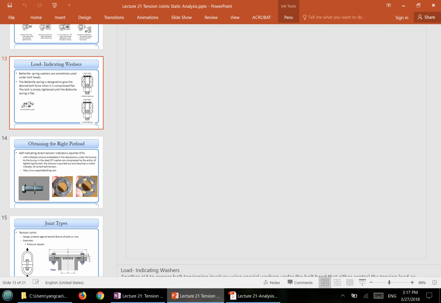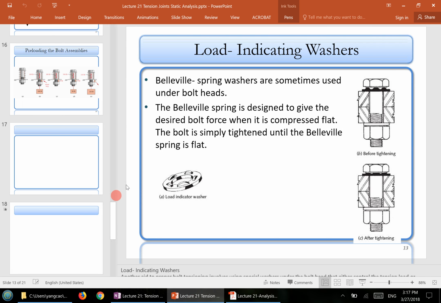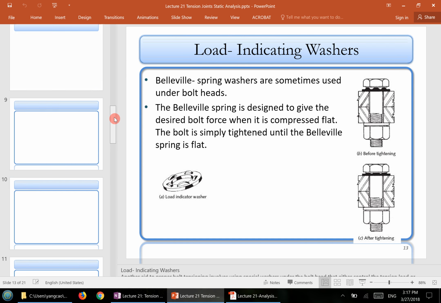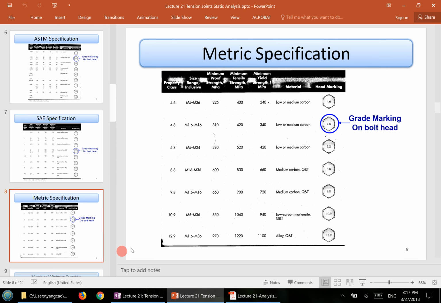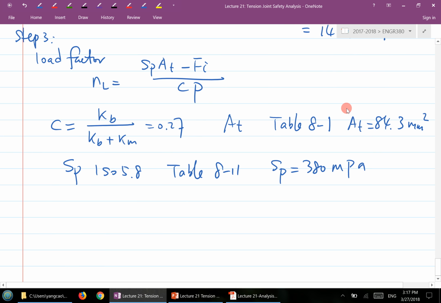Let's take a look at table 8-11 here. 5.8, you see that's 380 here. Once you have this, they're all good except Fi. Because it's non-permanent, use 0.75 times At times Sp. That gives you 24 kilonewton.